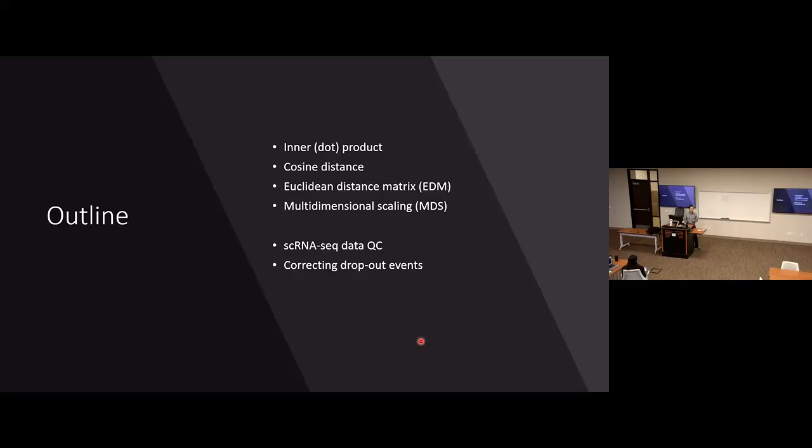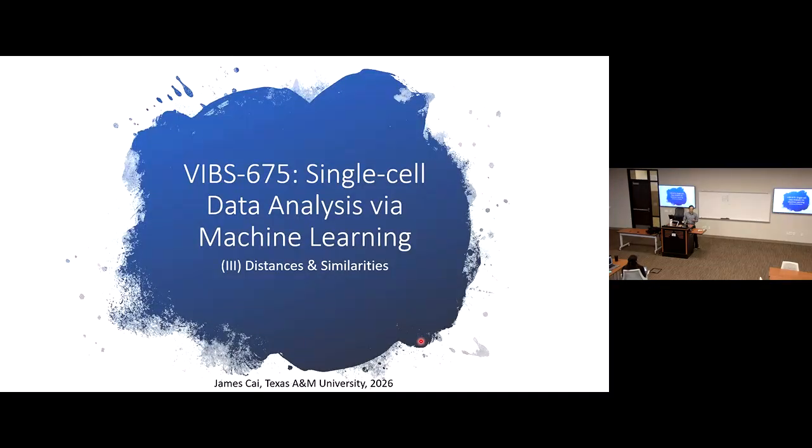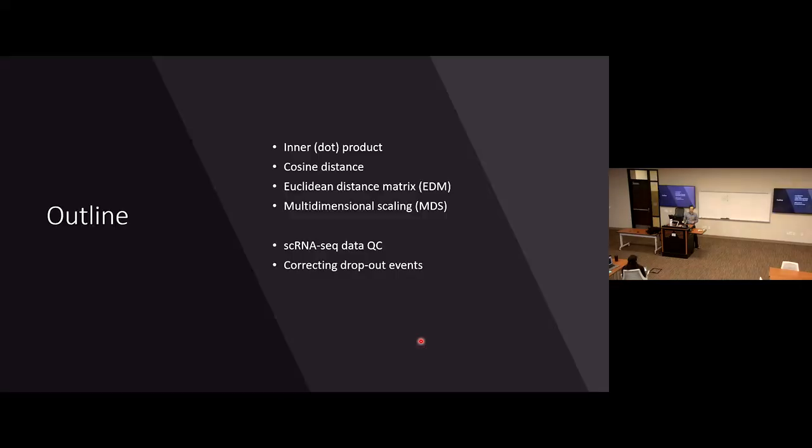Because you know how to compare, that's what we need to learn today: the similarity between samples, between data points. 1 minus the similarity, or negative similarity, is the distance. So distance and similarity can be used interchangeably, and they are the same thing.